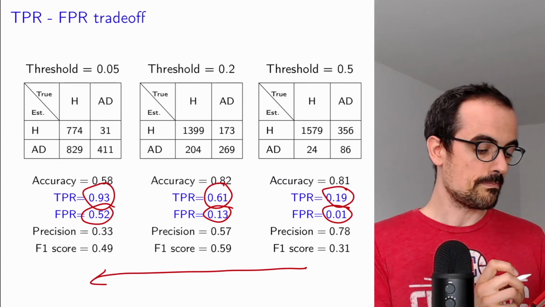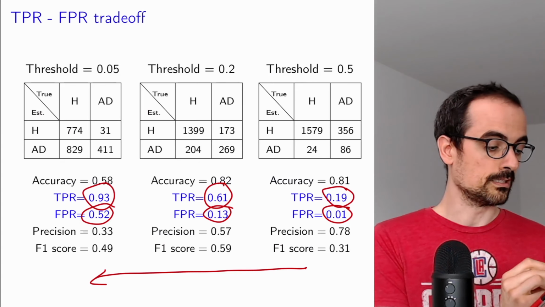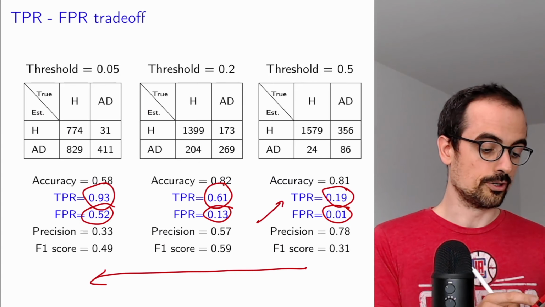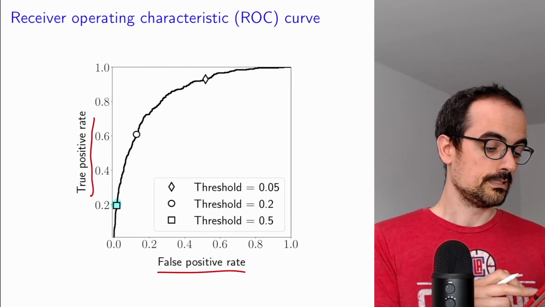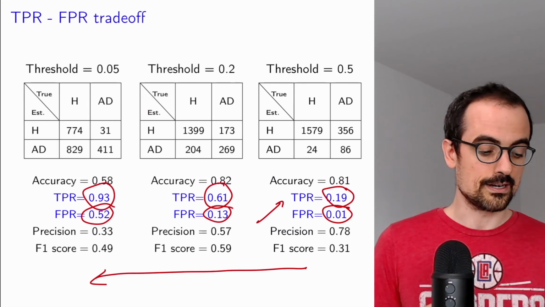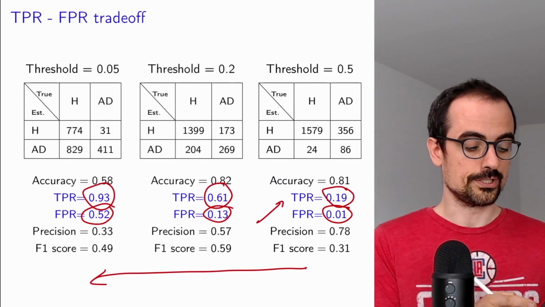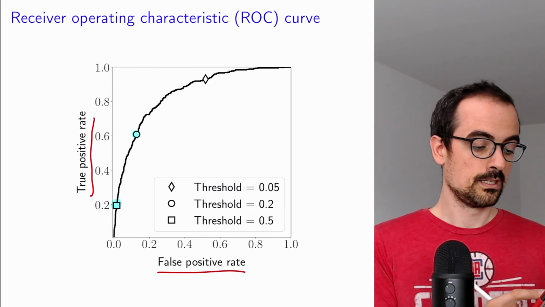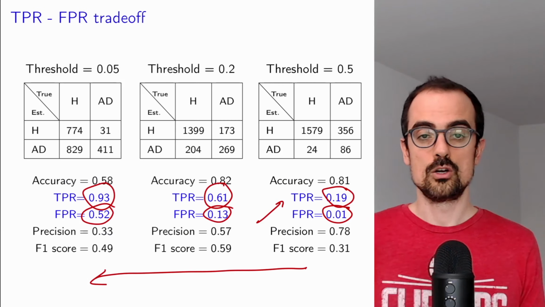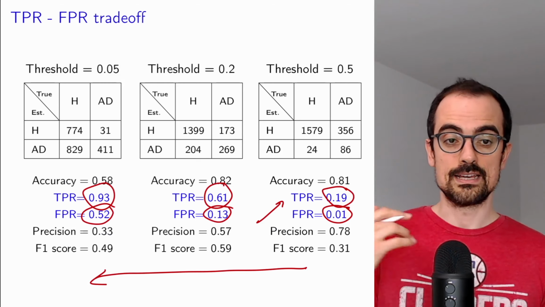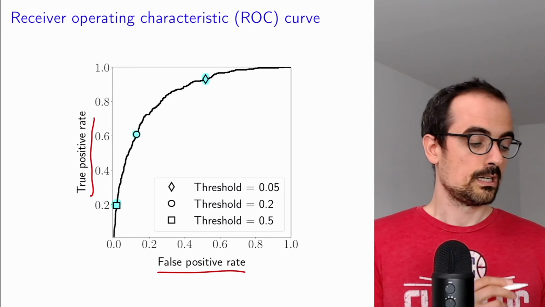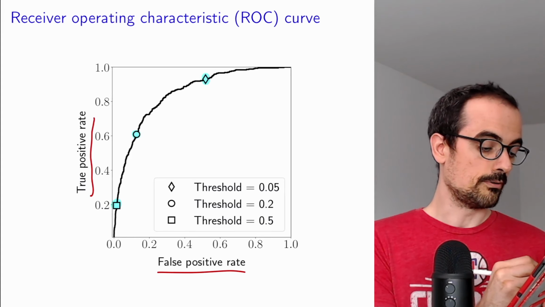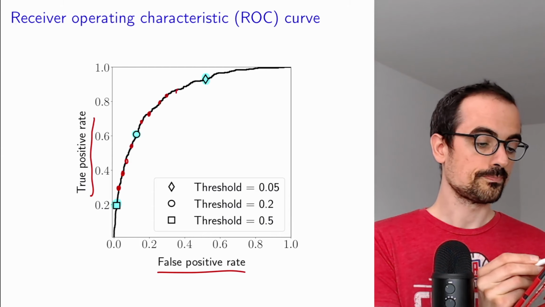Remember, this true positive and false positive rate are very low for 0.05. That corresponds to this point here. Then they are quite a bit higher, especially the TPR, for the threshold of 0.2. That's the point here. And finally, when we really lower the threshold, the TPR and the FPR both become very large, especially the TPR. The remaining points on this line are different thresholds from 0 to 1.